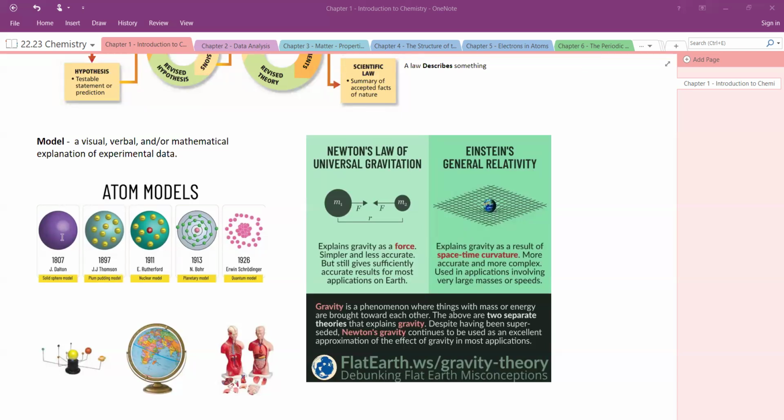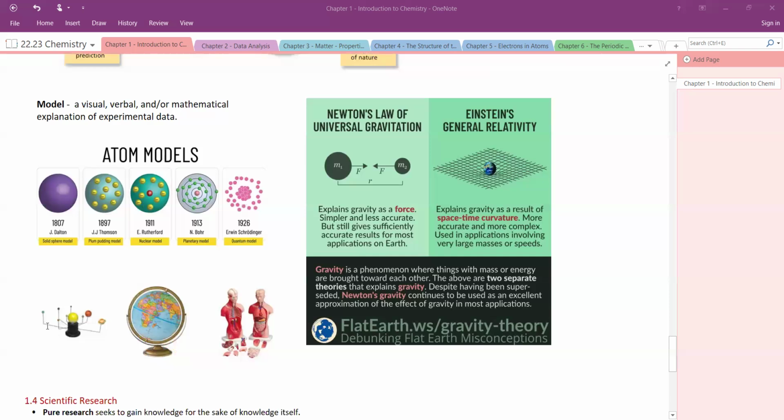We start with a little undifferentiated sphere all the way up to, in 1913, what we would consider maybe our best model of the atom that we use, the Bohr model, and then even into quantum mechanics, being a somewhat complicated model that we'll talk about, but won't use as much. But again, these are helping us think about what we're looking at. Atoms don't actually look like this. Instead, this is a model showing us many of those qualities. Also, we have a model of the solar system here, a model of the human body, this globe here. Again, they're shrunken down versions of something we're studying to help us come to conclusions. That's a model.